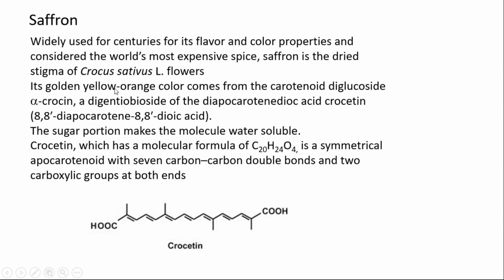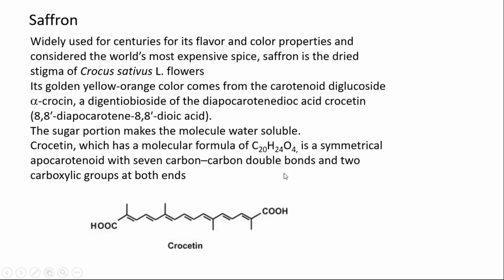Its golden yellow color, when you put it into water or into milk, comes from a carotenoid diglucoside, the diglucoside of the carotenoid crocetin. Again, look at the structure of crocetin. It has this conjugated diene over here, which gives it the property of absorbing light in the visible region. The major color of saffron is due to the carotenoid diglucoside alpha-crocin, which is a digentiobioside.